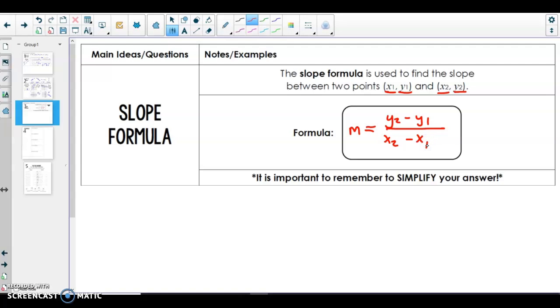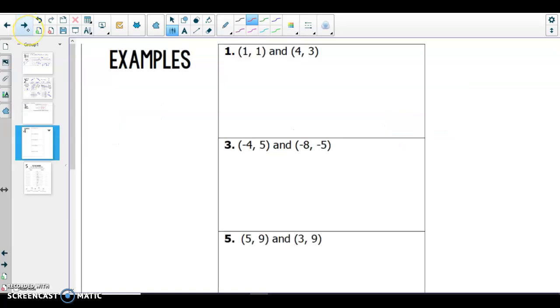This formula is really important, but instead of referring back to it, I tend to just get into a rhythm with how to use these. Once you develop a rhythm yourself, you're going to find that it's pretty easy as well. So I'm going to make a note to myself on this page that m is equal to subtract my y's over subtract my x's.